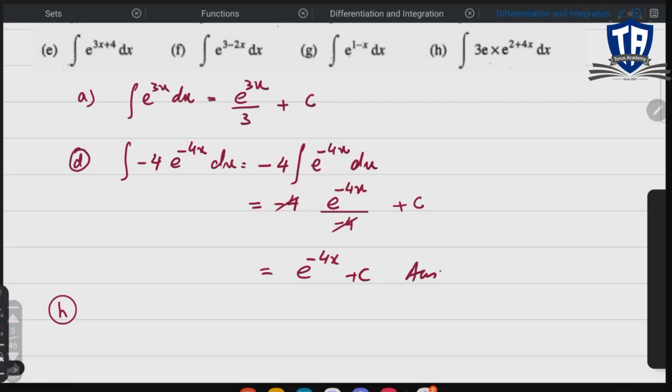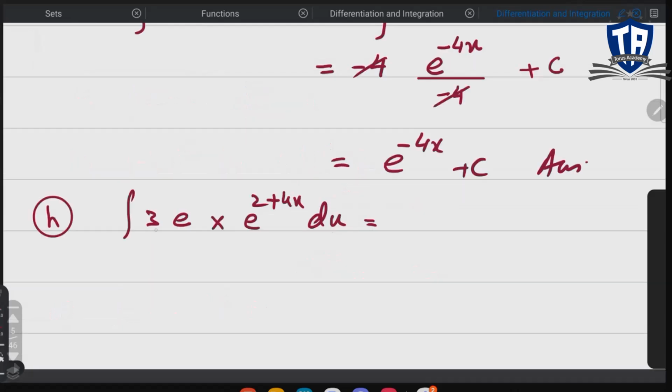Looking at part H, this part says 3e times e power 2 plus 4x. You can see that 3e is multiplying with the exponential function, and the thing which we can do, e is with power 1, bases are same and they are multiplying, we can add the powers. So when you add 1 to the term 2, it is 3. 3 plus 4x.